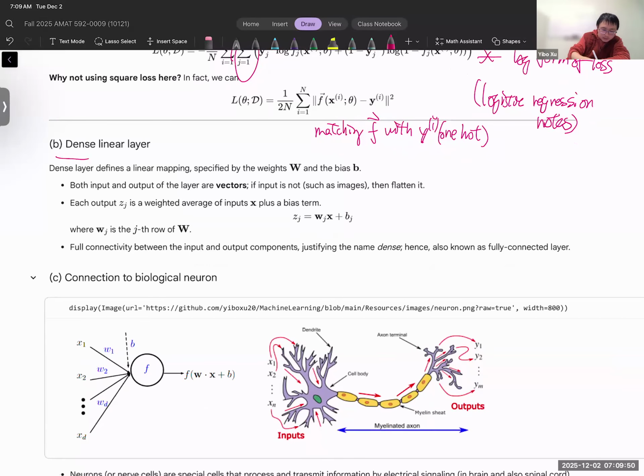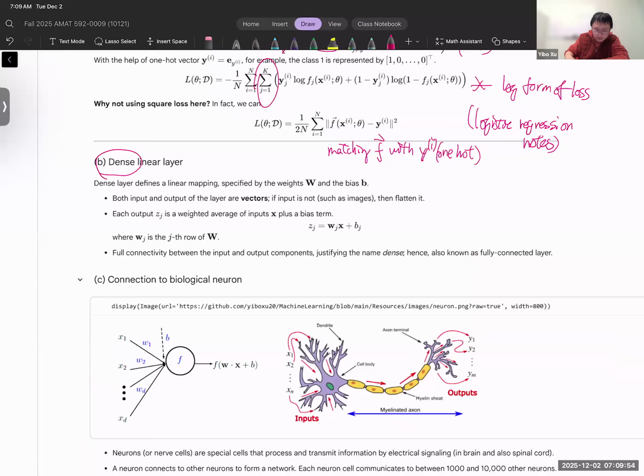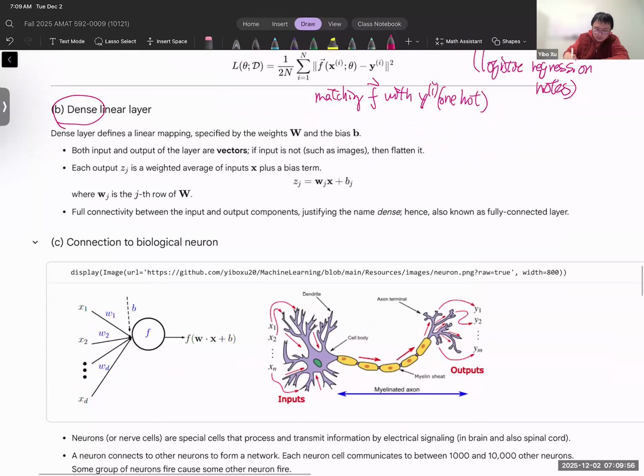So essentially, if you look at the edges, for a node, for a neuron here, you have the input, let's say vector A, and every edge is going to be a weight.